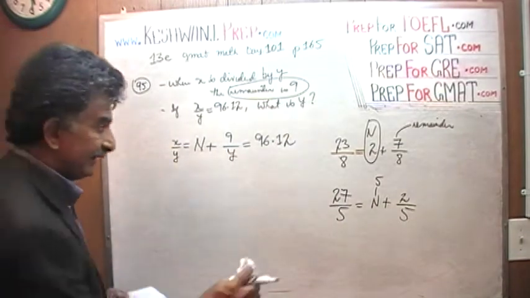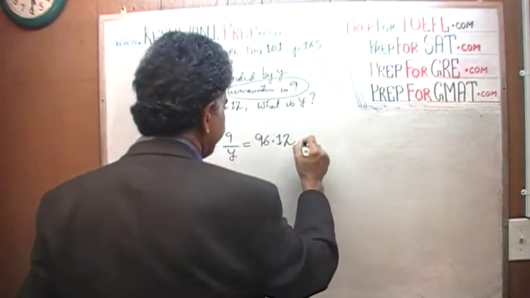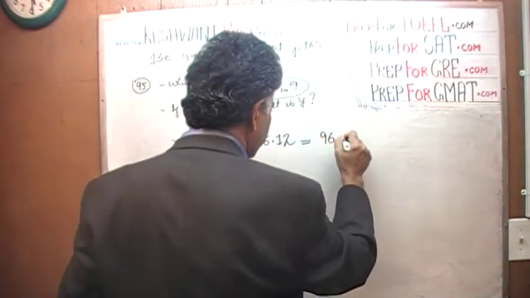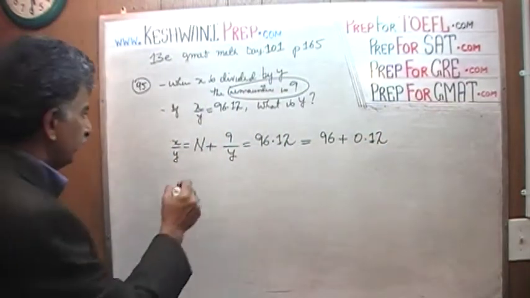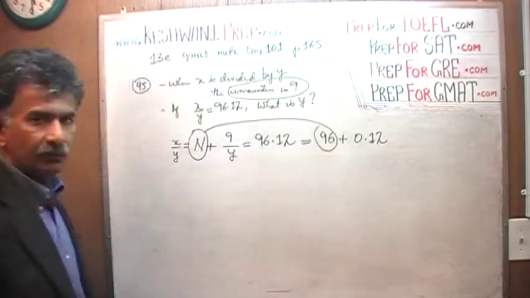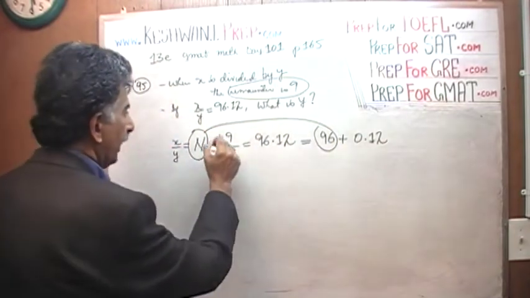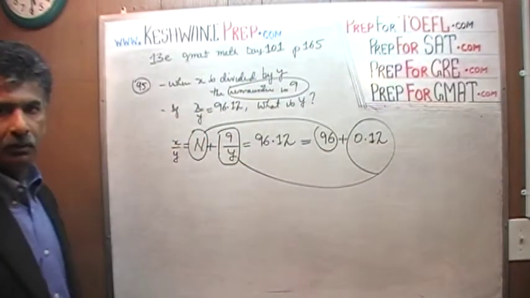Now we can write 96.12 as 96 plus 0.12. There you go. This is our n. Our n is 96. And therefore 9 over y must equal 0.12.